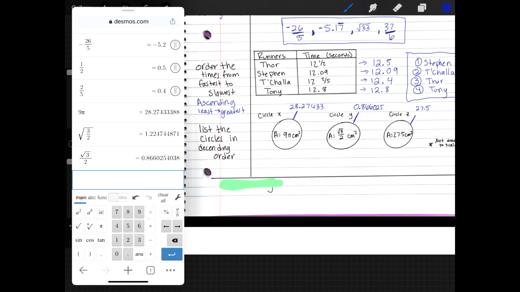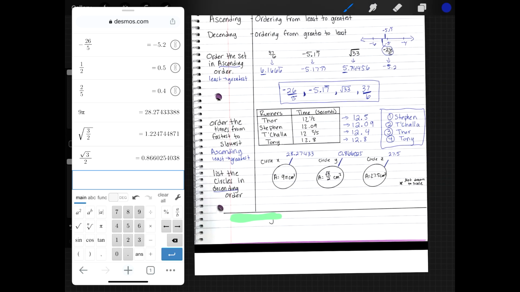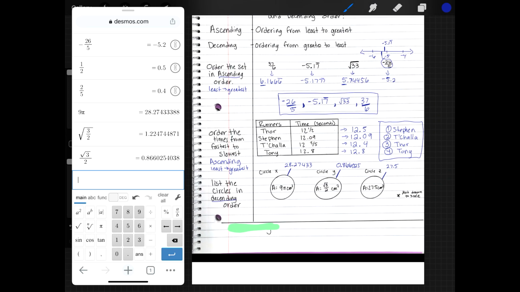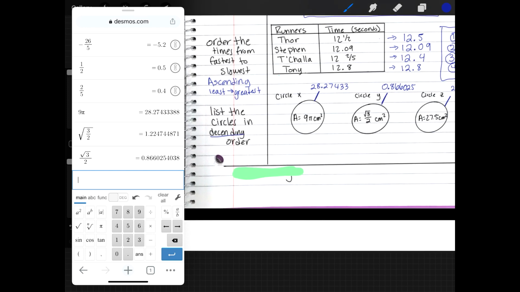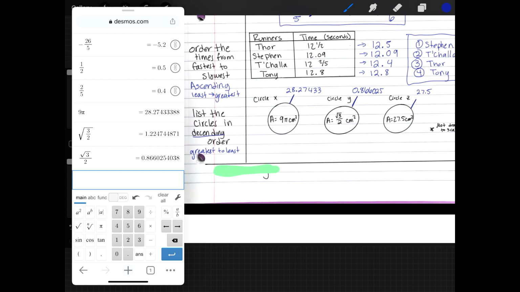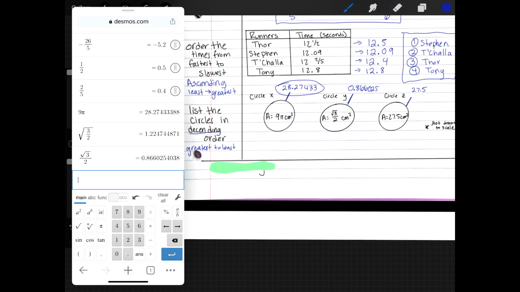All right, so we're going to do descending order, and descending says order from greatest to least. So this is greatest to least. The greatest area that we have is circle X with 28.27.